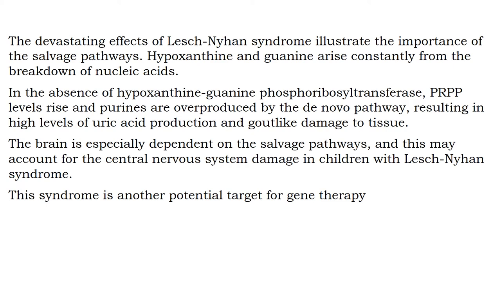These purines are overproduced by the de novo pathway, resulting in high levels of uric acid and the production of gout-like damage to the tissues. So gouty arthritis, we call it gouty arthritis, is the accumulation of uric acid in the tissues.